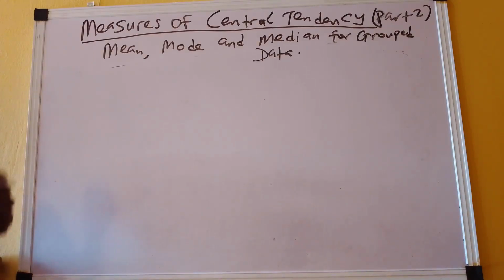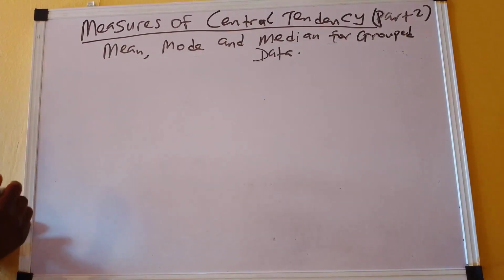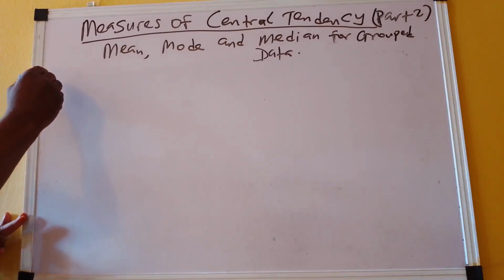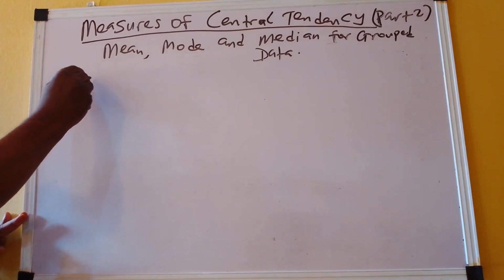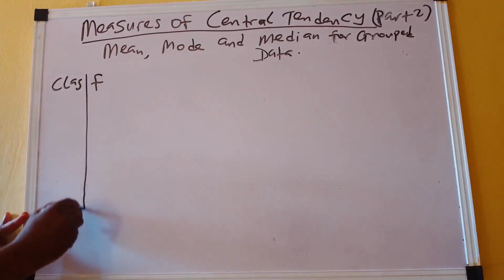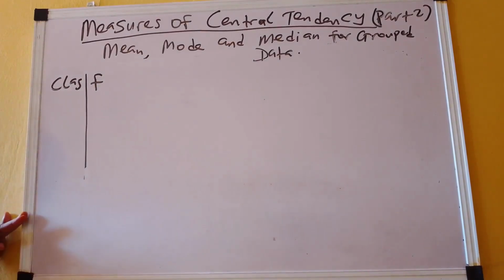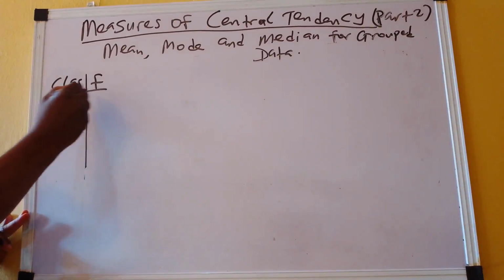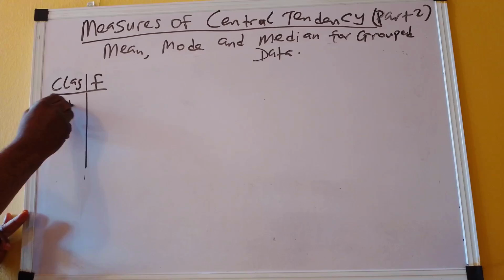So now let's go back to the data that we created, the group data we created from the 30 observations when I taught on how to create a frequency distribution table. Now the class and the frequency. Just listen attentively as we run through it. The first class is 6 to 10.